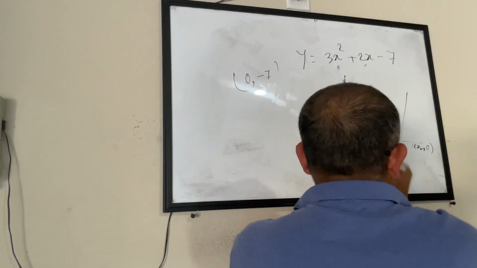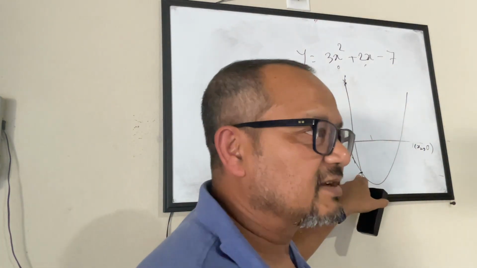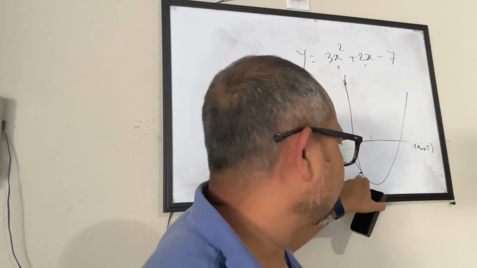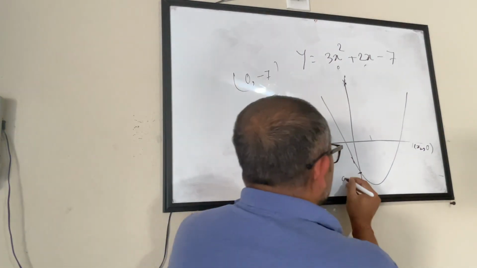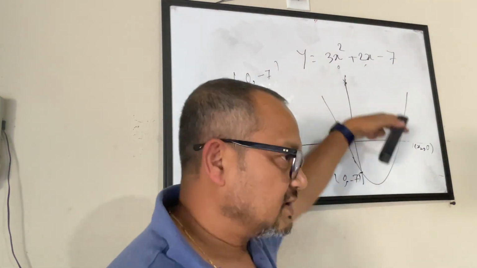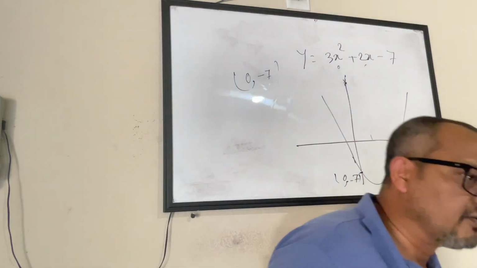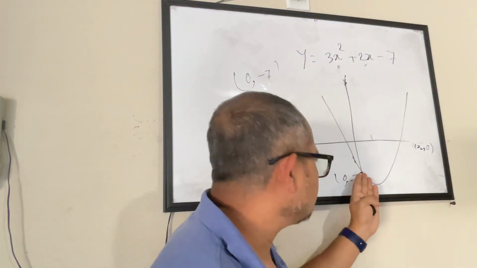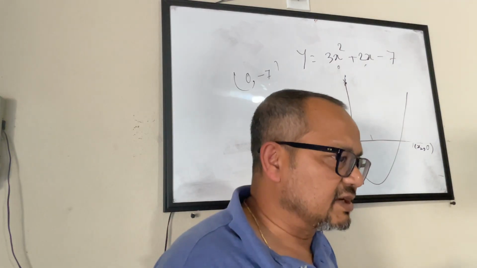Let's say the y-intercept is like this, 0 and -7. So basically it's on the negative side of y. It's not the third or fourth quadrant, it's touching the y-axis, so it's in the middle actually. Up to this much is clear, right?